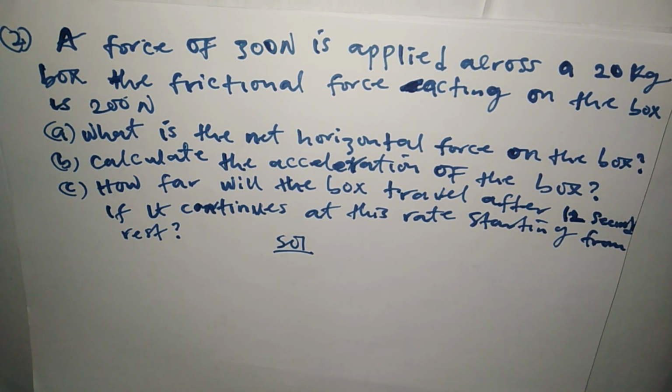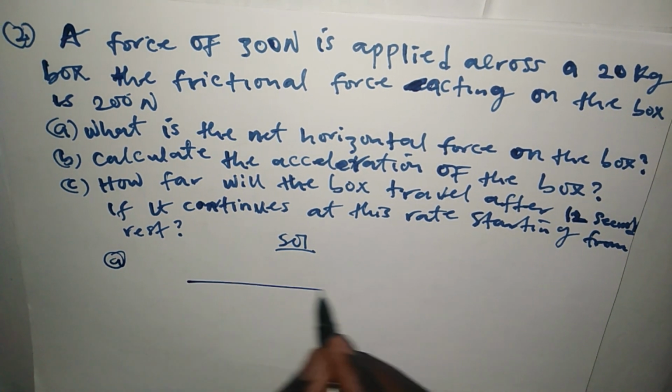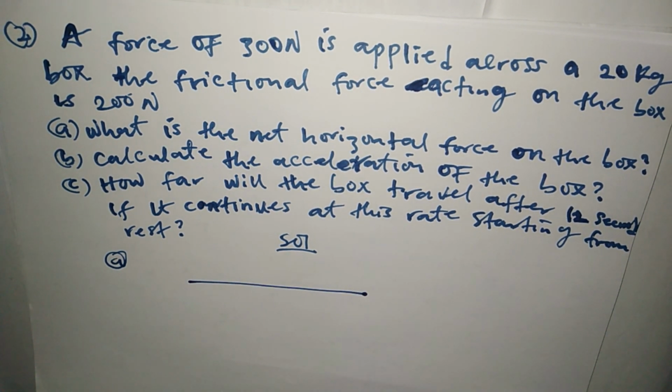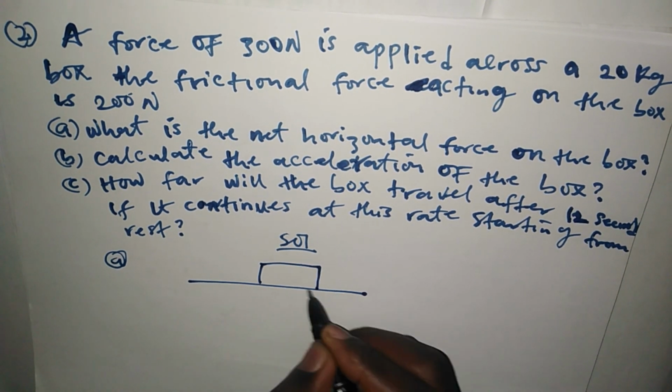Now, question A. Let's draw a diagram first. This is a horizontal surface. Now we have a 20 kg mass, a box of 20 kg.